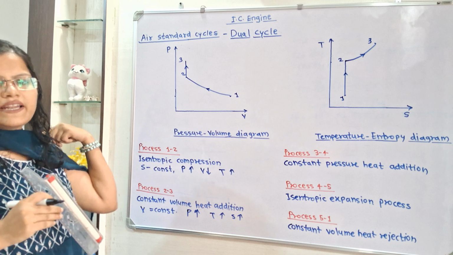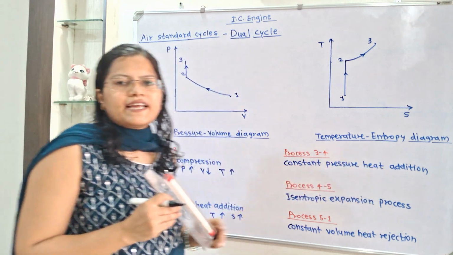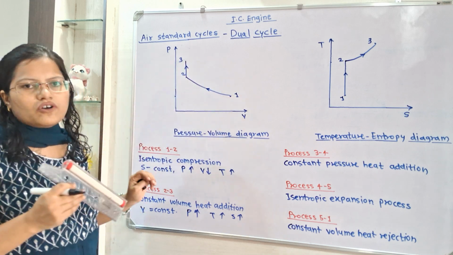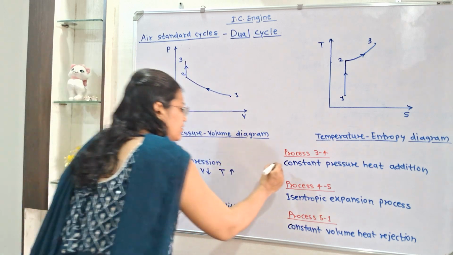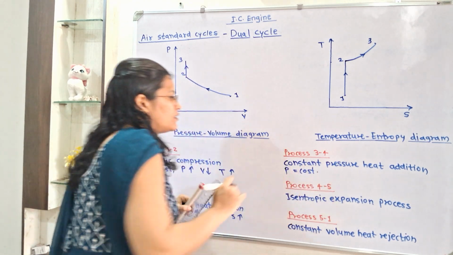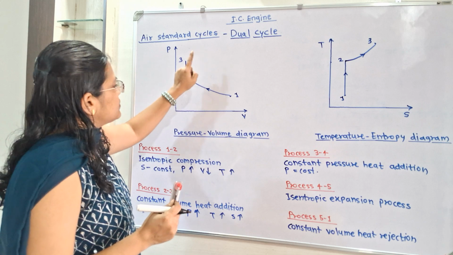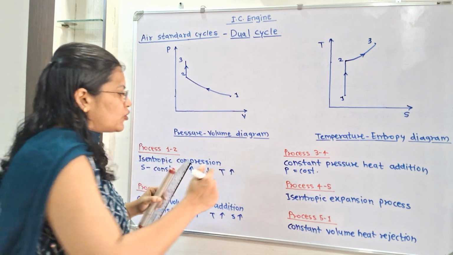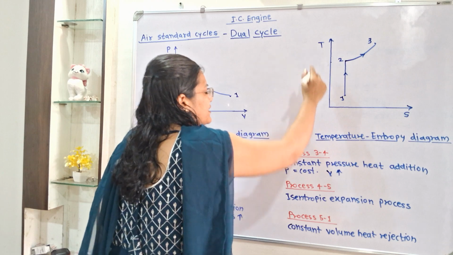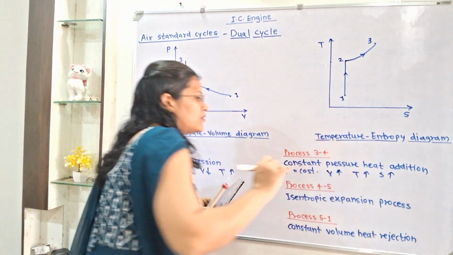Now we will move to the next process, 3 to 4. Constant pressure heat addition. So here the pressure remains constant. Now we will show here P will remain constant. So in the heat addition process, when the pressure remains constant, we have to show an increase in volume, an increase in temperature and an increase in entropy also.